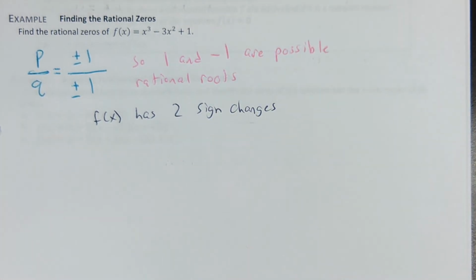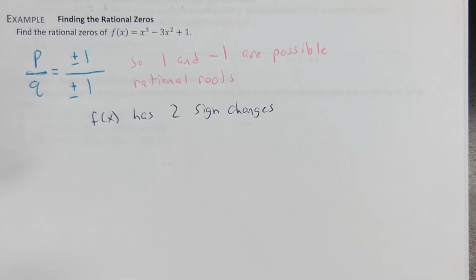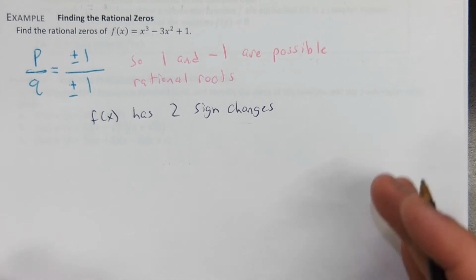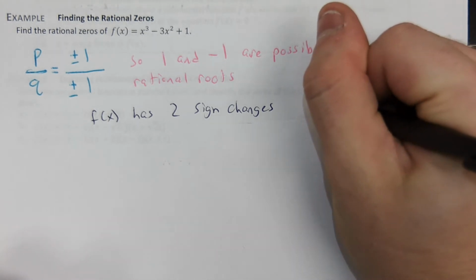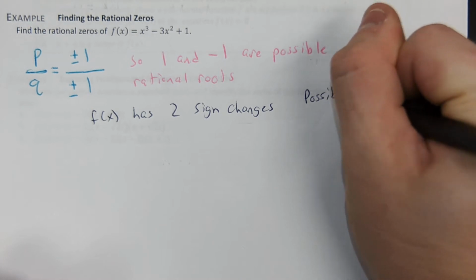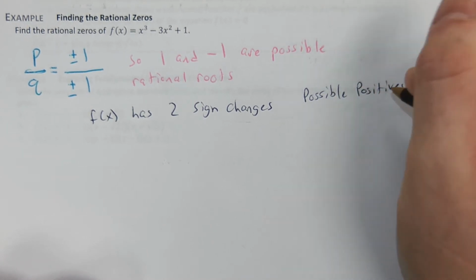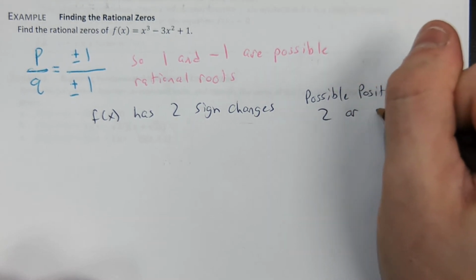That tells us the number of possible positive real zeros is either 2 or none, because you have to come down by 2 each time. So these are the possible positives: 2 or 0.